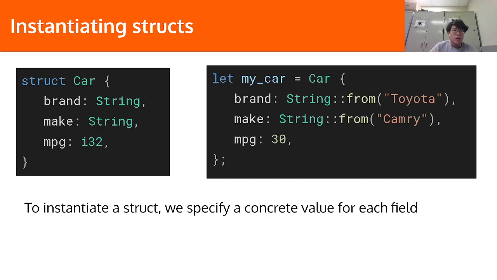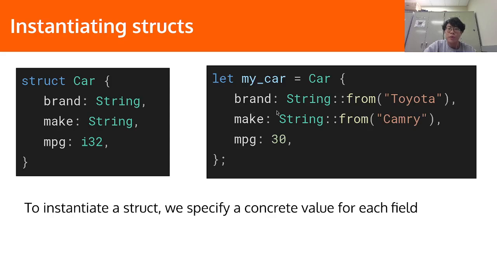Now we're going to talk about how to create an instance of a struct. The struct Car that we've created is now like a type, so you can create an object of type Car. Down here, we'll give an example of an instantiation. We create this variable called my_car, and this is how we instantiate a struct. We have the type name, Car, and then we define a specific value for every single field.